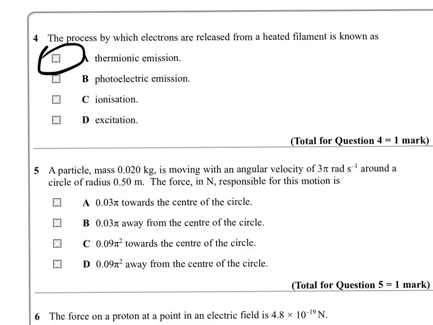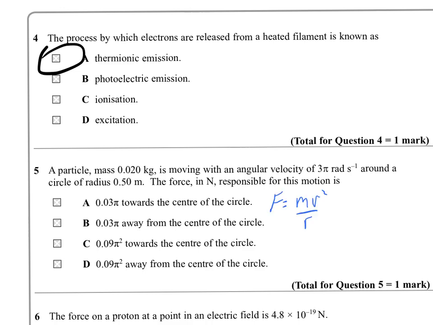Question 5. A particle of mass 0.020 kilograms is moving with an angular velocity of 3 pi rads per second around a circle of radius 0.5 meters. The force in newtons responsible for this motion is going to be one of these.